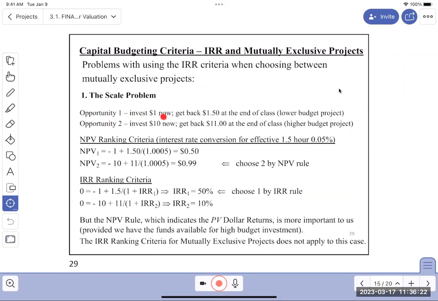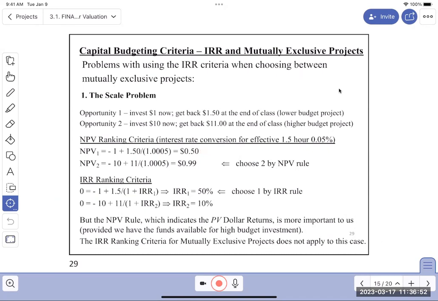Give me $1 now, and I'll give you $1.50 at the end of class. Or give me $10 now, and you get back $11 at the end of class. Which one would you pick? How would you conduct the analysis? If you use the NPV, it looks like you should choose the second option. You get $1 back rather than 50 cents.